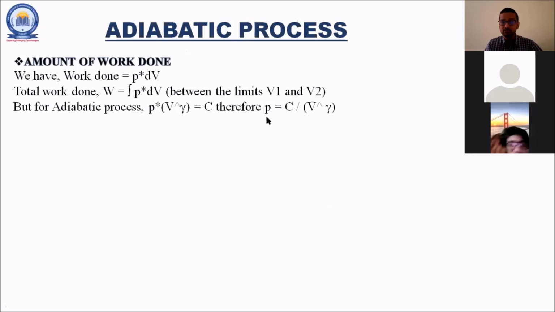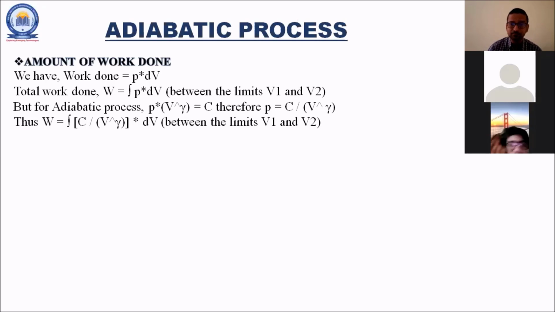Substituting this value of P in this equation, we get W is equal to the integration of C upon V raised to gamma dV between the limits V1 and V2. Here C is the constant term, so it is taken out of the integration.